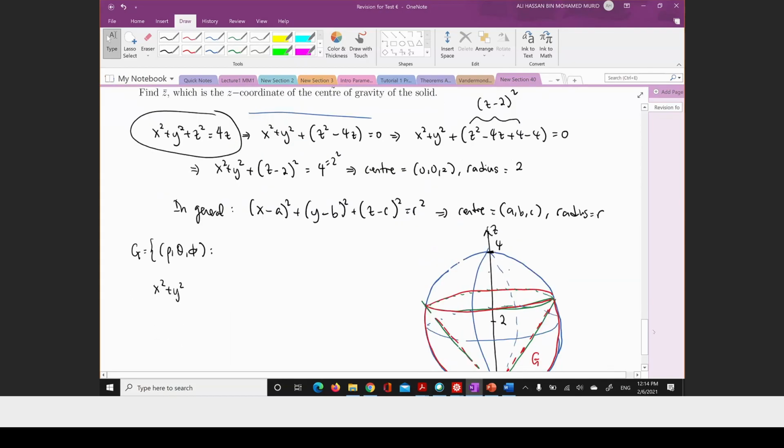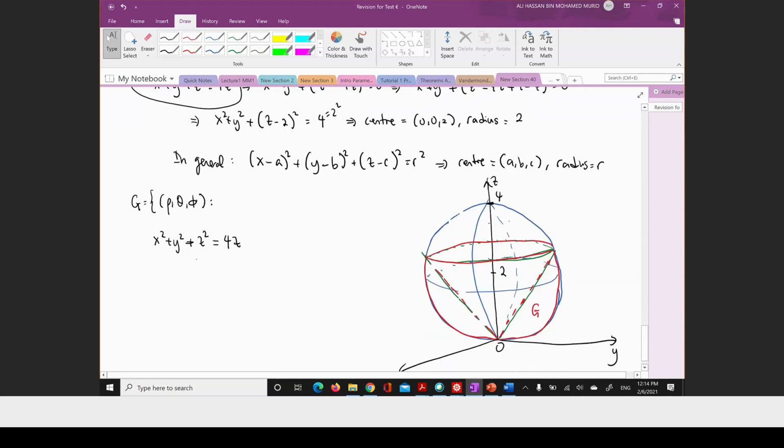Go back to the equation of the sphere: x squared plus y squared plus z squared equals 4z. In spherical coordinates, x squared plus y squared plus z squared is rho squared, and z is equal to rho cosine phi.